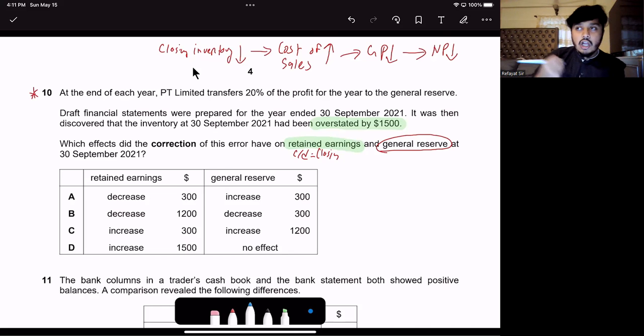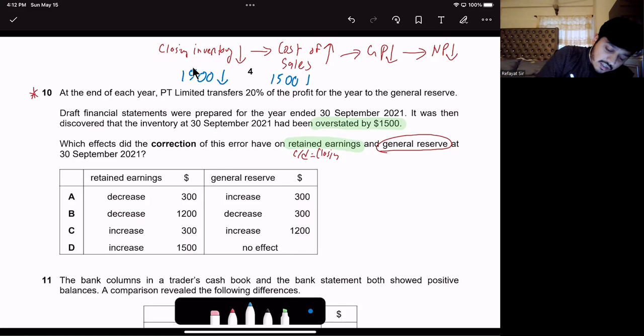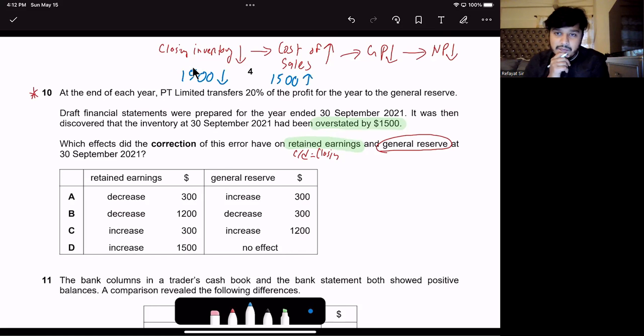So since closing inventory is overstated by $1,500, it has to be decreased by $1,500. If closing inventory decreases by $1,500, to correct this error, cost of sales will increase by $1,500.